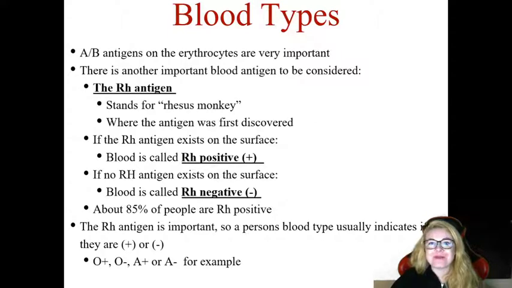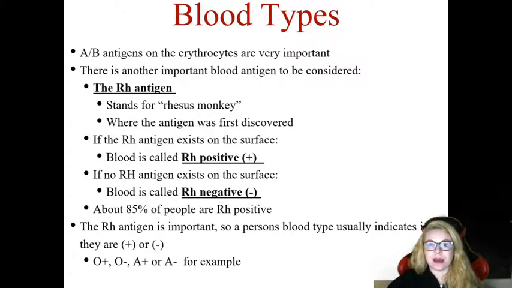Continuing on with blood types, guys. So, an AB antigen on an erythrocyte is very important. But, as you guys know, when you talk about blood types, we usually indicate if someone is positive or negative for something. And so that brings in the next factor that we have to consider when we talk about blood types.